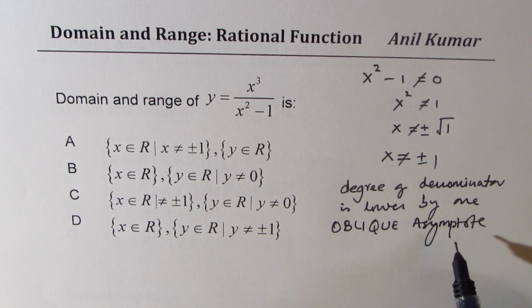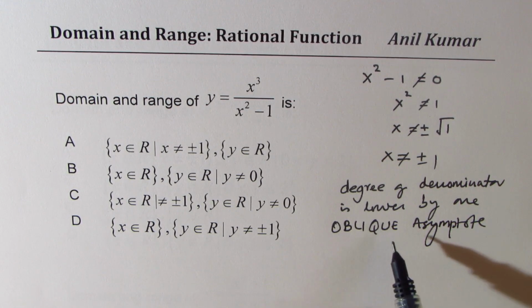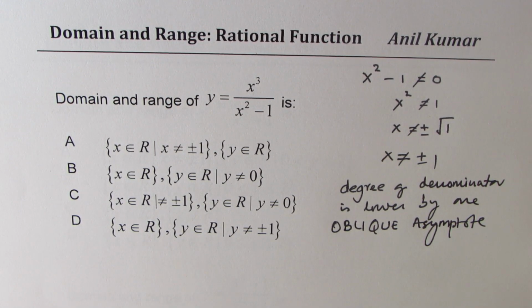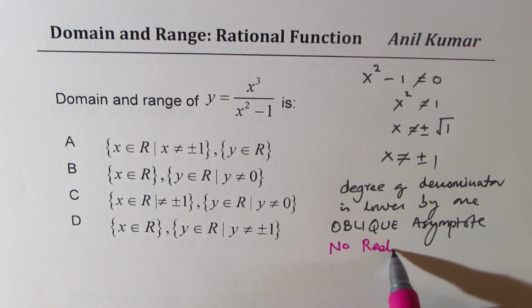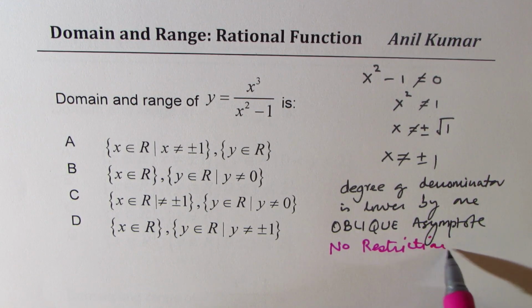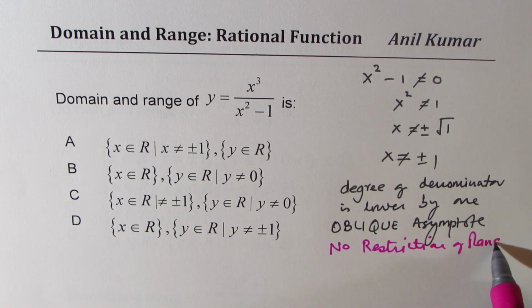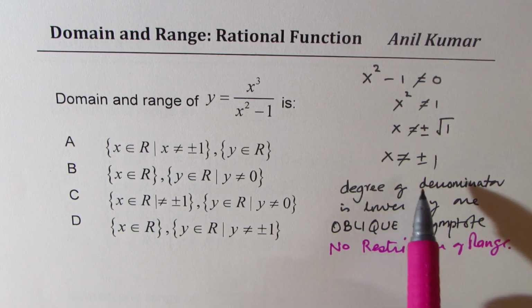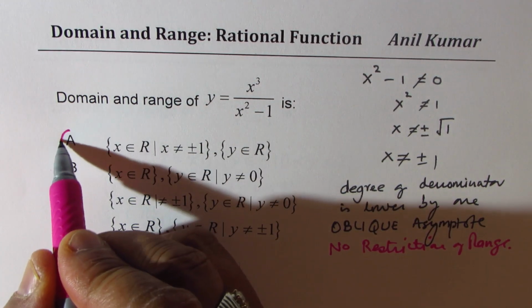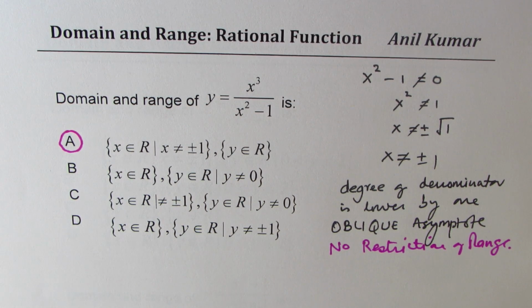Well, you can always find that equation, but it also indicates in this particular case that there is no restriction on range. So in this case, we have no restriction on range. Okay, so y belongs to all real numbers and x is not equal to plus minus 1, which is option A.